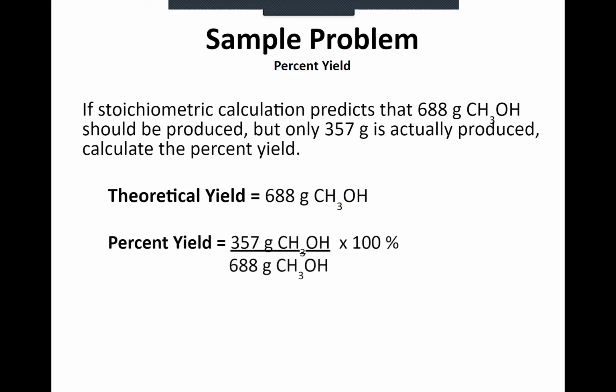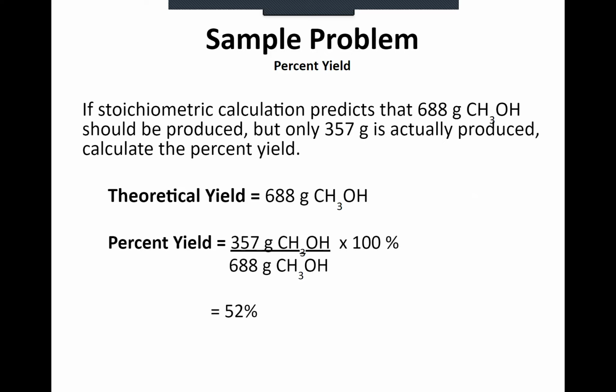What we actually got was something less than that, 357. Take 357 over 688, times it by 100%, round it to the nearest percentage when you do so, and you got your percent yield. If your percent yield is ever over 100%, that's a sign that you did the calculation wrong. Maybe double check your work.